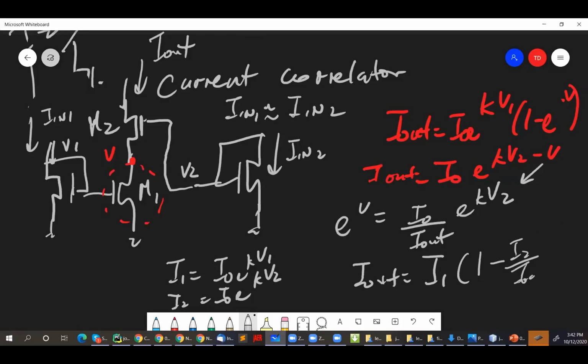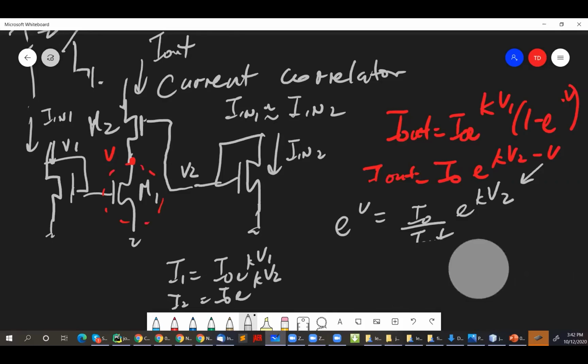So that's I out. If I take I out over here, that gives me I out squared. So it's I1, I out minus I2. That's not quite right. I think there's a mistake somewhere. Okay, let's not waste any time right now. I have a feeling one of these equations has a flipped sign.